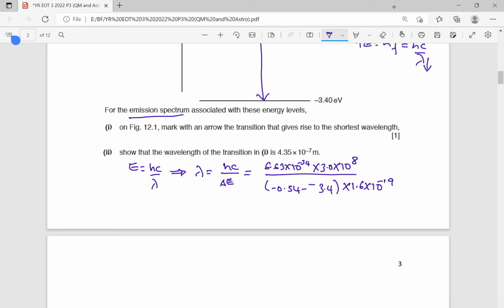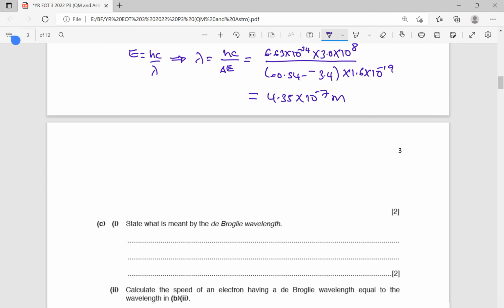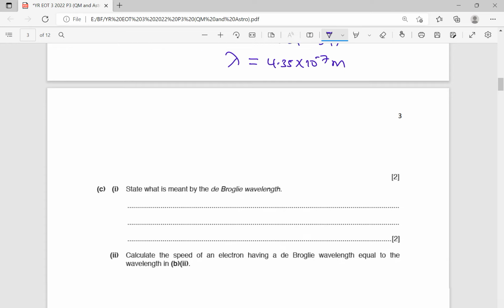And when you press your calculator, you are most likely going to get 4.35 times 10 power negative 7 in meters. So the most important thing was just subtracting the energy differences to be able to find that wavelength. So lambda is equal to that.